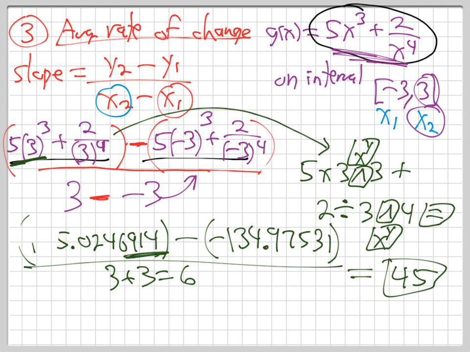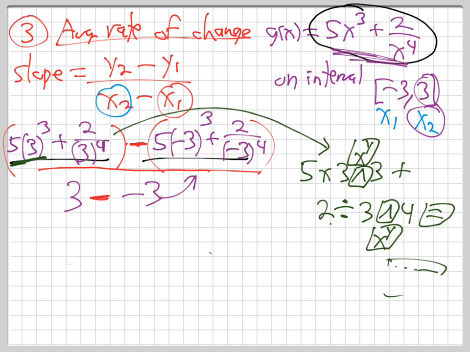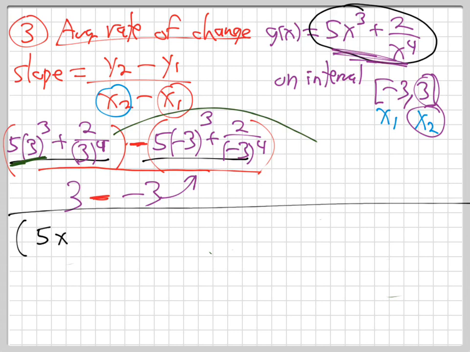You have to remember to hit equals. So let me write down the exact keystrokes and see if that can be of any help to you. Every calculator is a little different, but here's generally what you would do. You have to put parentheses around the numerator, and then go 5 times 3 to the third plus 2 divided by 3 to the fourth, parenthesis.